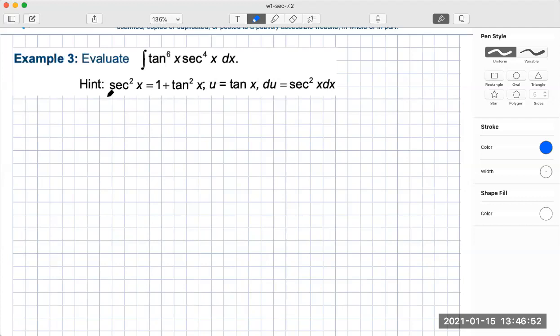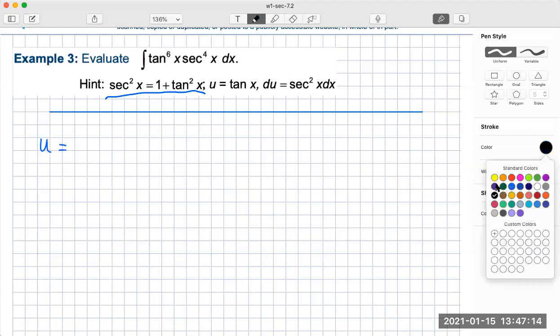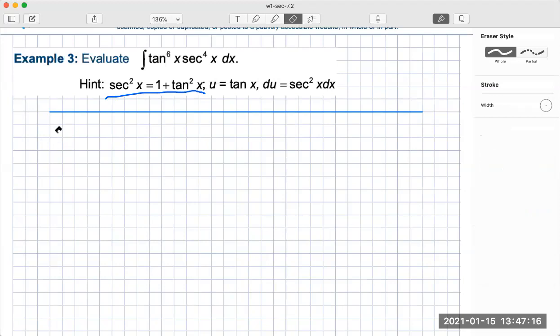So it's similar to the relation between sine square and cosine square, the sum of them. So it means that we will somehow substitute a function by one of these two.